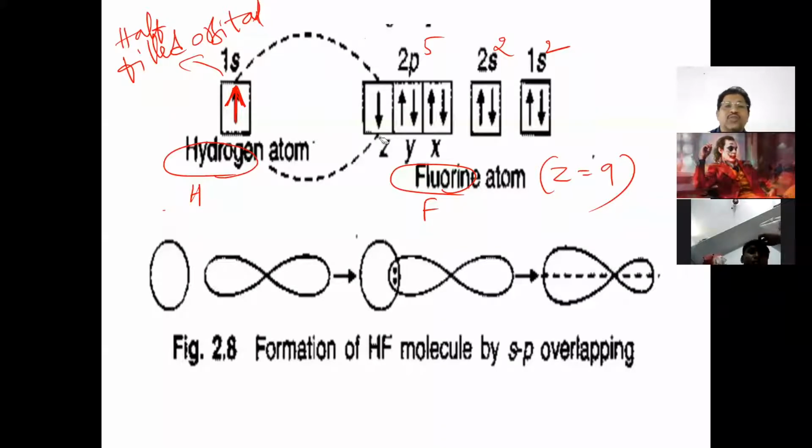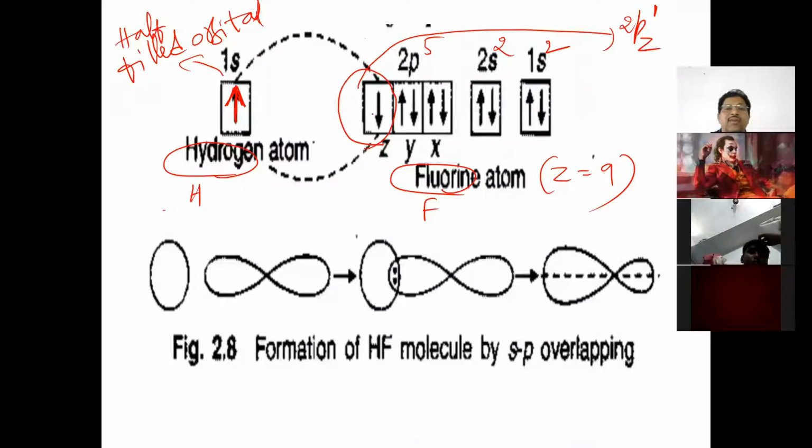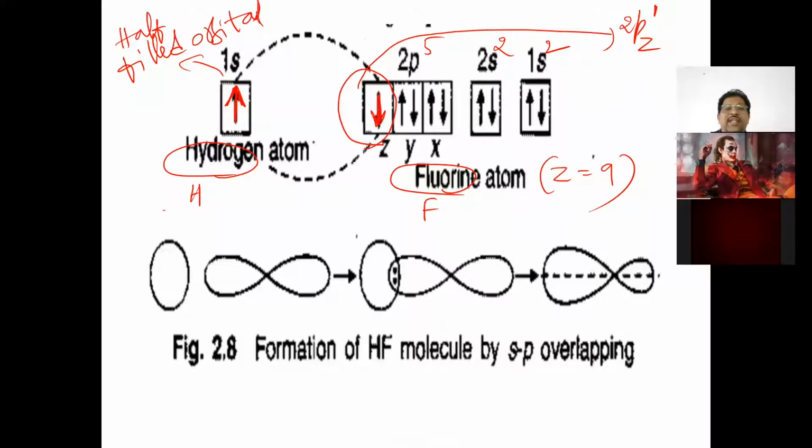So this 2pz orbital is half filled, having only 1 electron in it. It is the half-filled orbital of the fluorine atom, with an anti-clockwise spinning electron, a downward arrow, and here an upward arrow.